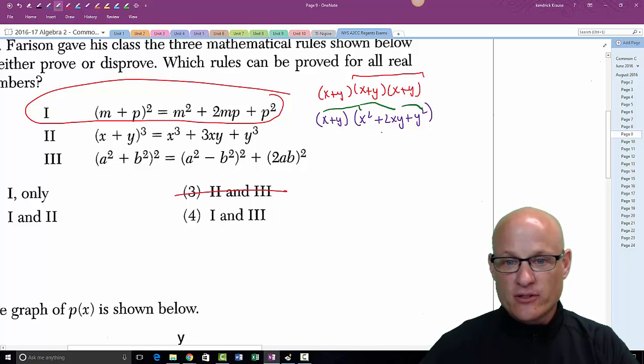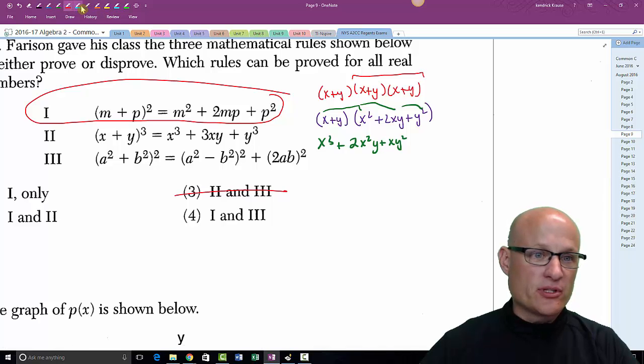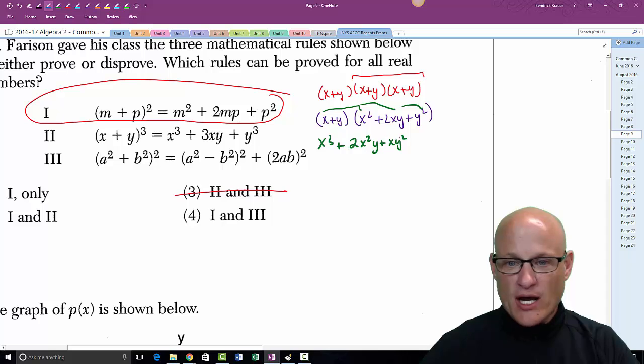x times each one of these. So that's x cubed plus 2x squared y plus xy squared. And now I'm going to distribute the y. So y times x squared is yx squared. y times 2xy is plus 2xy squared.